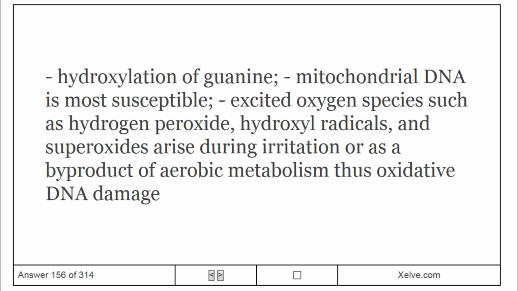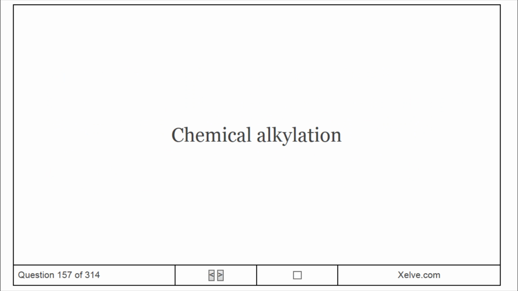Excited oxygen species such as hydrogen peroxide, hydroxyl radicals, and superoxides arise during irradiation or as a byproduct of aerobic metabolism, thus oxidative DNA damage. Chemical alkylation: methylation of guanine.